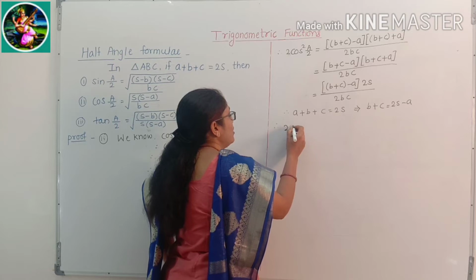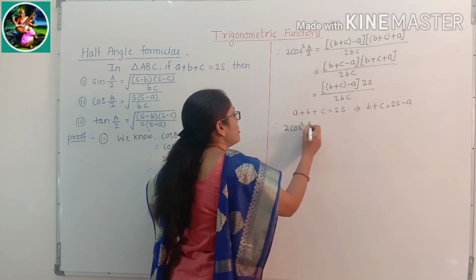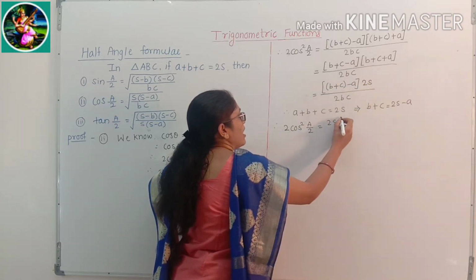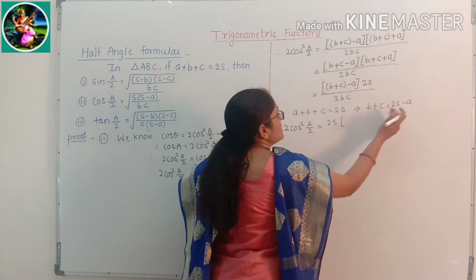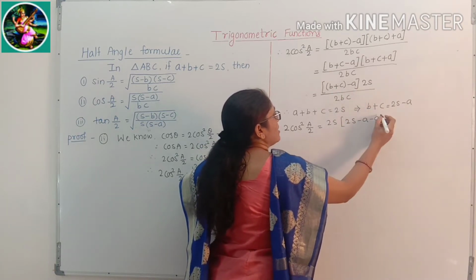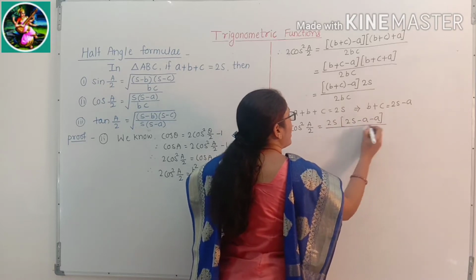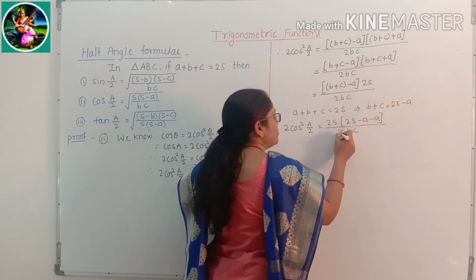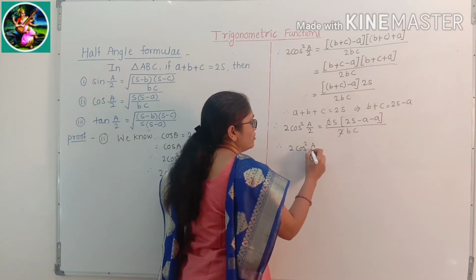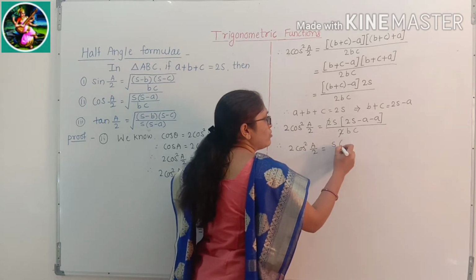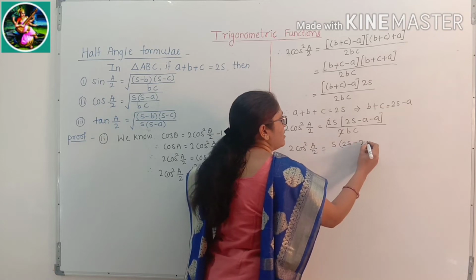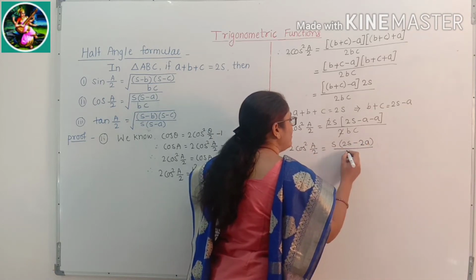Therefore, here we get 2 cos square A upon 2 is equal to, we write this 2s here, and in the bracket b plus c is 2s minus a, and this remaining minus a as it is, this divided by 2bc. Here 2 gets cancelled, therefore we get 2 cos square A upon 2 is equal to s into bracket 2s minus 2a divided by bc.